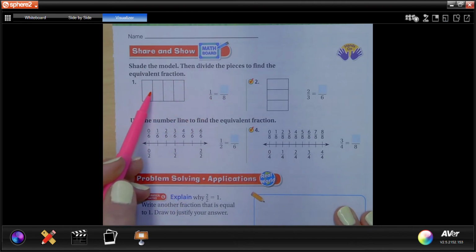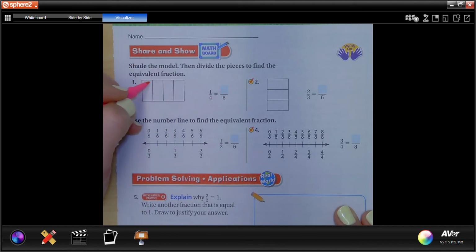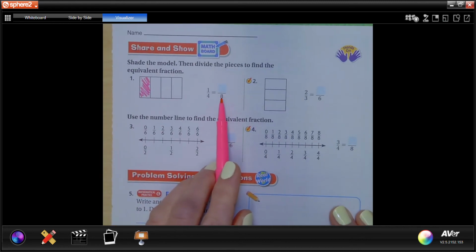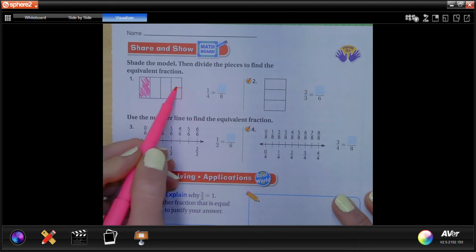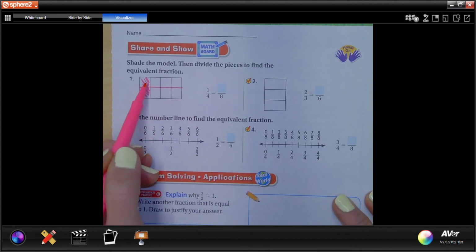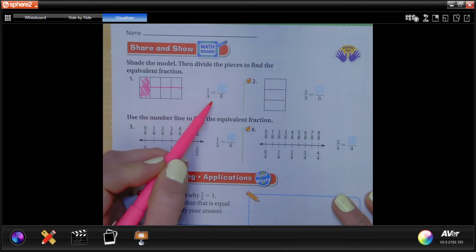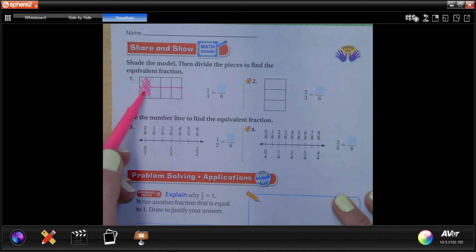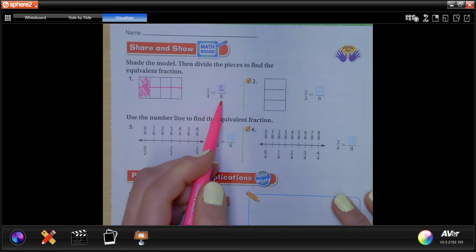We have four units, 1, 2, 3, 4, so we're going to color 1/4. Then they want to know the equivalent to 8, so now we have to have 8 units. Cut it like this. Now we have 1, 2, 3, 4, 5, 6, 7, 8. Well, how many are shaded in those 8s? 1, 2. So 1/4 is equal to 2/8.